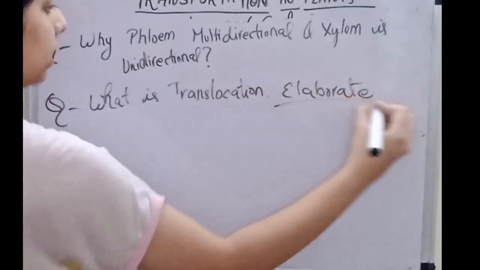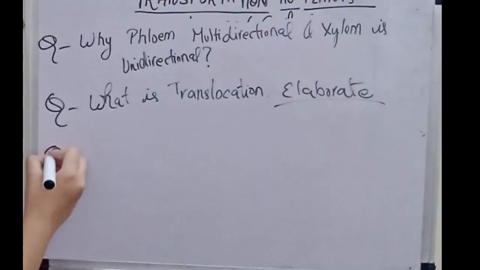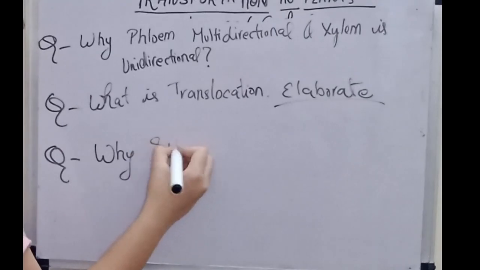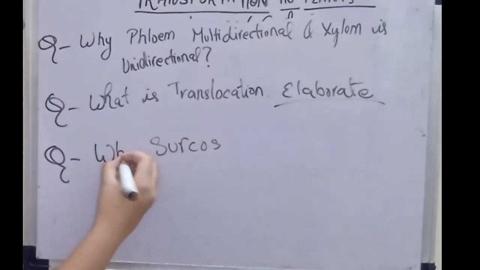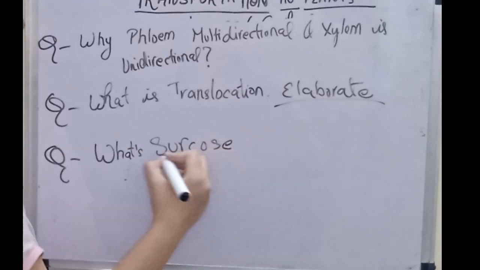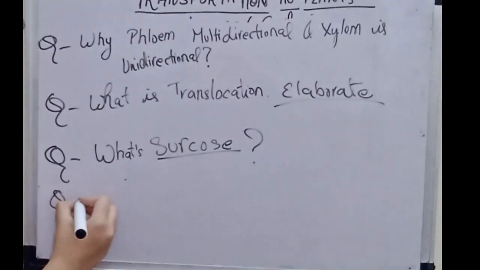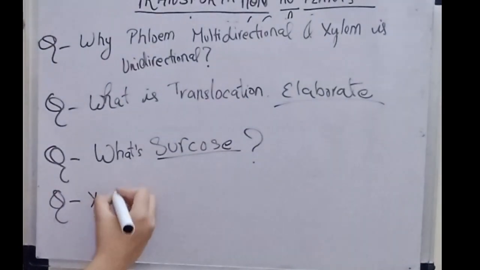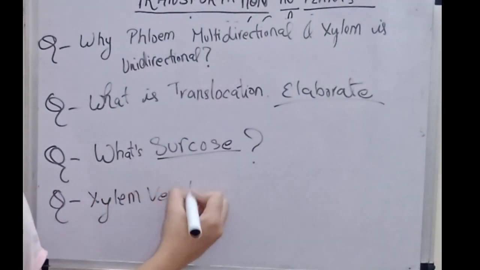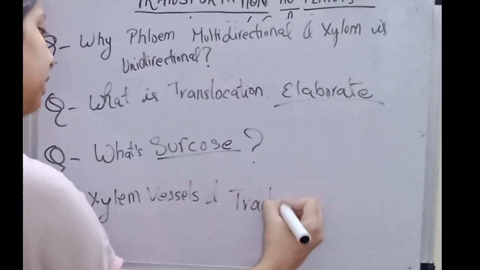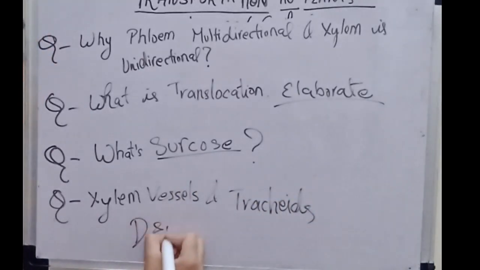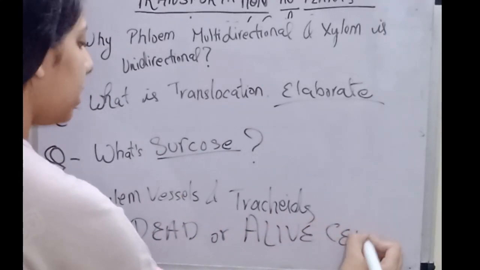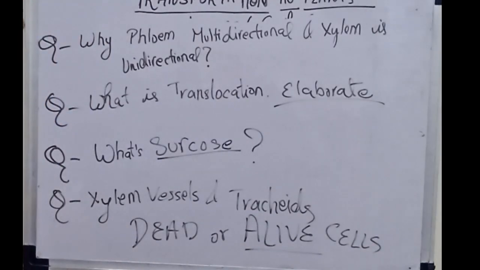This is something we just discussed. Third is we have to find out what is circus. And last question, xylem vessels and tracheids, dead or alive cells. Living cells भी लिख लेना.